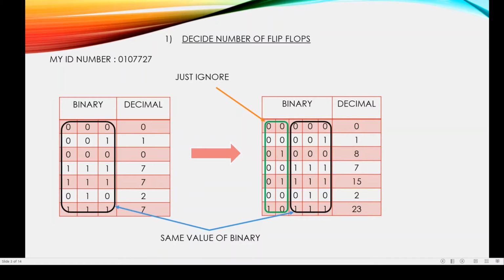When we do the circuit diagram, we just take the output of the 3 bits in the black box. For the green ones, we just ignore them, because we don't need that output for the binary later. So we use 5 bits, which means that we use 5 flip-flops.